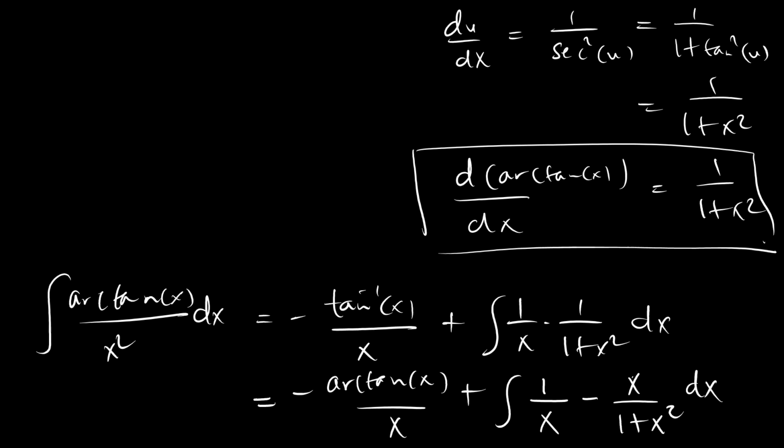So that when you multiply the denominator, we have 1 plus x squared minus x squared, which is 1.